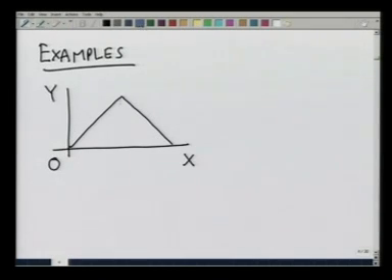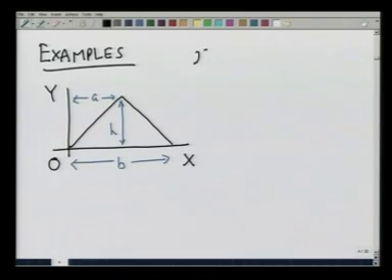The height of the triangle is h. The distance of the vertex from the y axis is a, and the other corner is at distance b. I wish to calculate its first moment about the x and y axis and its centroid x c and y c. So, let us do that.